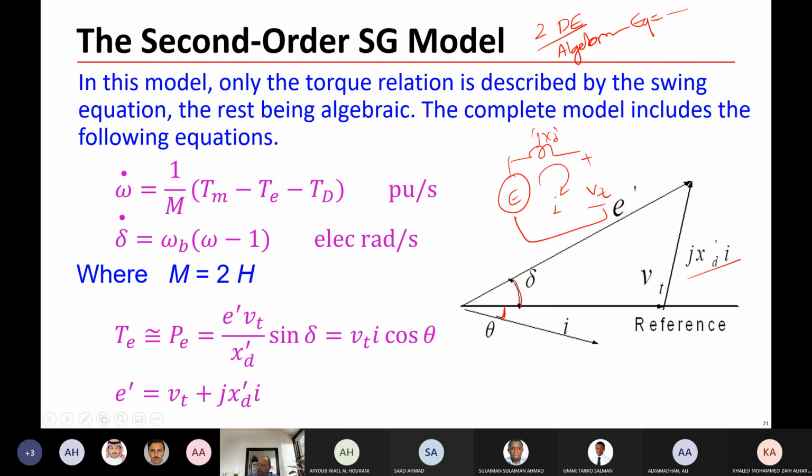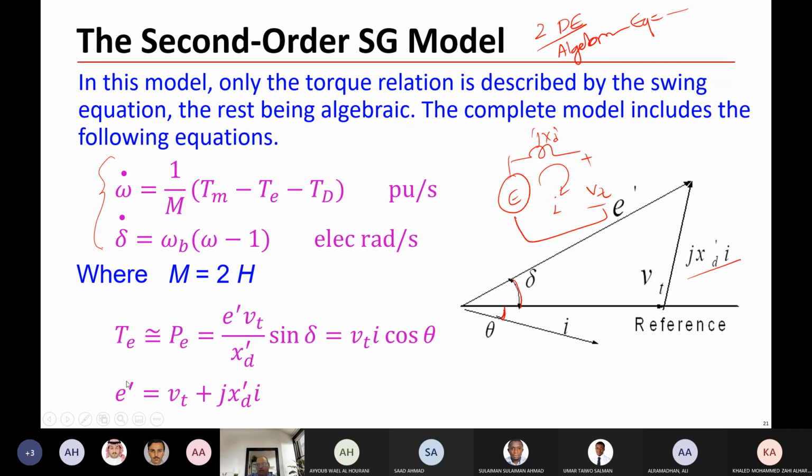Yes, Ramadan, is it the field winding? Field winding, yes. Here we will add to these two equations one additional equation to describe the effect of the field winding on the induced EMF, this E prime.